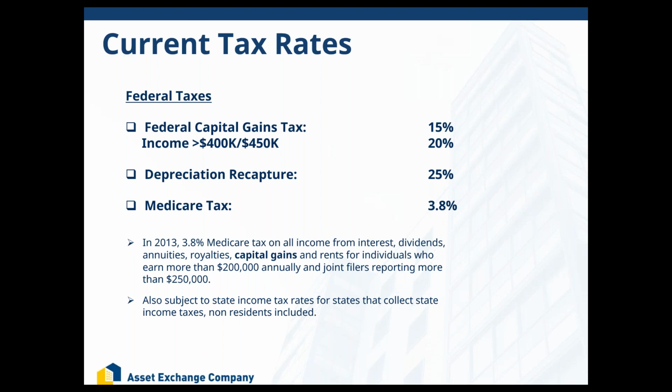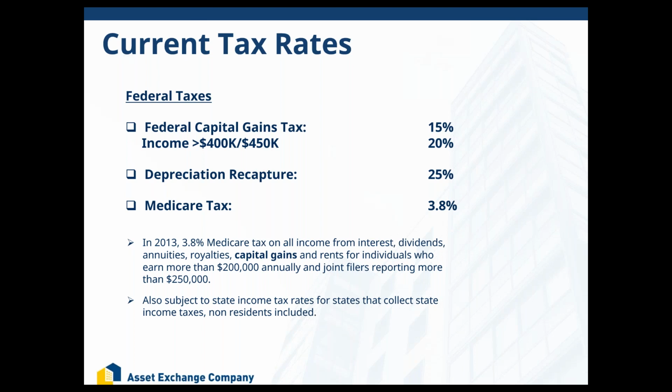The 15% historically was applied if you were single and had income of less than $400,000 a year, or if you were married and had income of less than $450,000 a year. That's where you're at the 15% capital gains tax rate. Now, the 20% capital gains tax rate historically was applied if you were single and had income of greater than $400,000 a year, or married with income of greater than $450,000 a year.